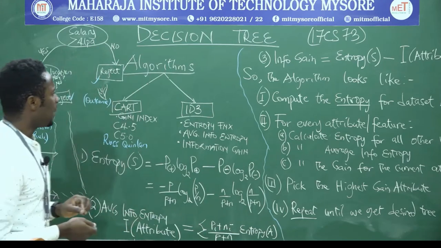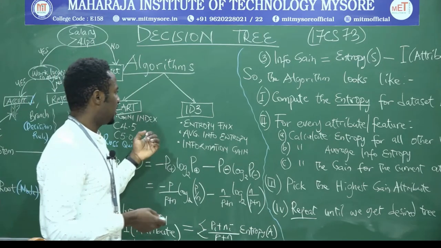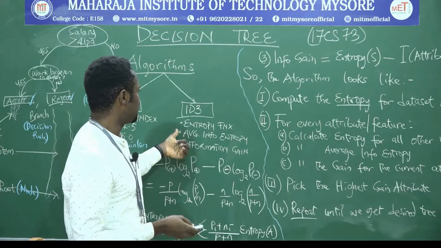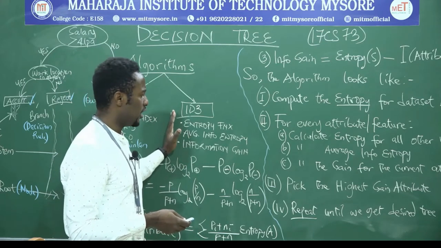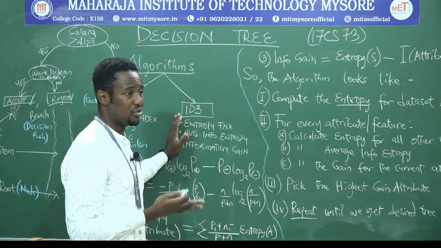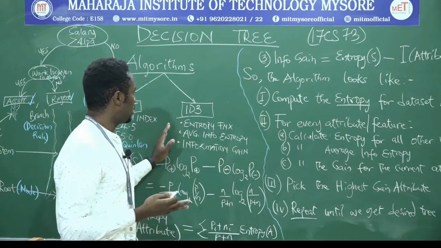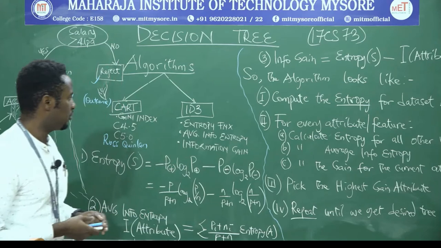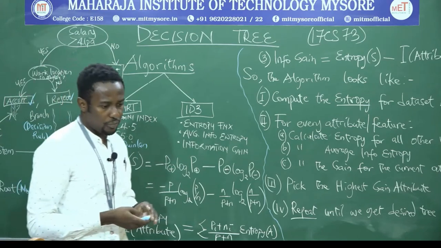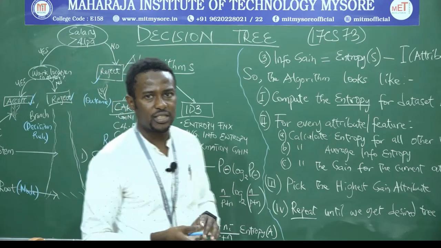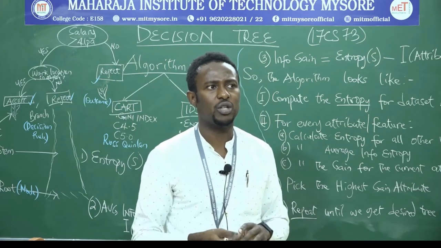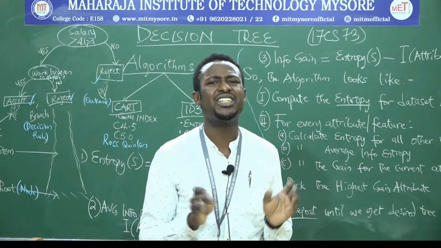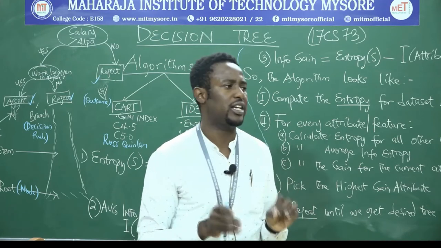When we talk about ID3, we have three primary functions that will enable us to get to the desired tree. The first we look into is the entropy function. Entropy, which we must have studied in sciences, means the degree of disorderliness or randomness.